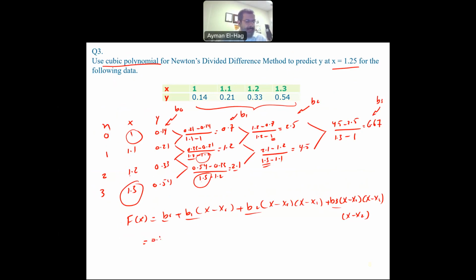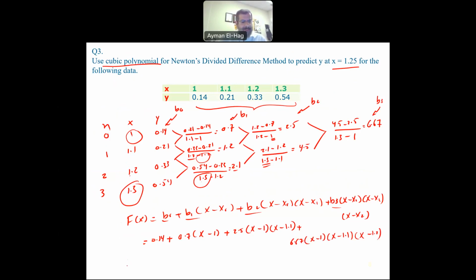So we have here 0.14 plus B1 is 0.7, x minus x0, which is 1, plus B2, which is 2.5, times x minus x0, which is 1, times x minus x1, which is 1.1, plus B3, which is 6.67 times x minus 1, x minus 1.1, and finally x minus x2, which is x minus 1.2.